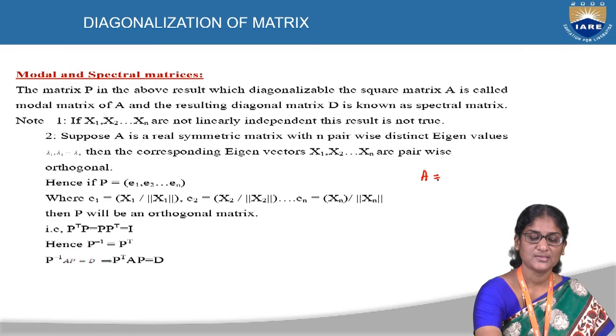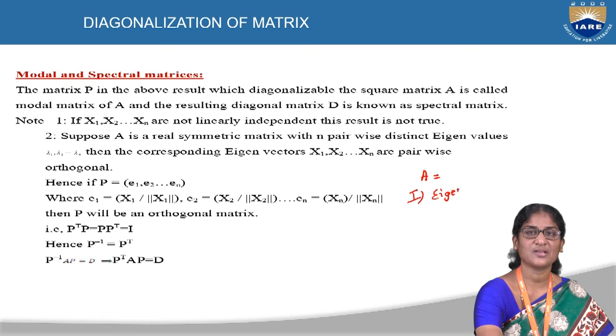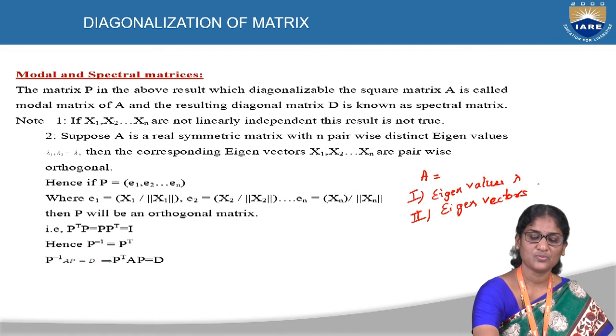The very first step is that we need to find the eigenvalues, which we name lambda. For the next step, we need to find the eigenvectors for each eigenvalue.